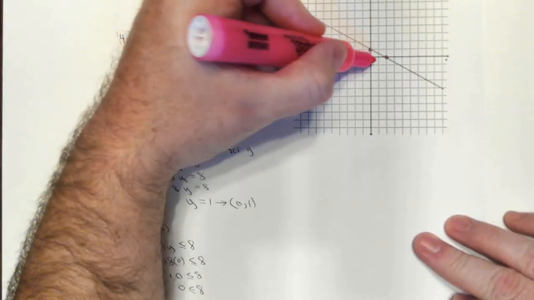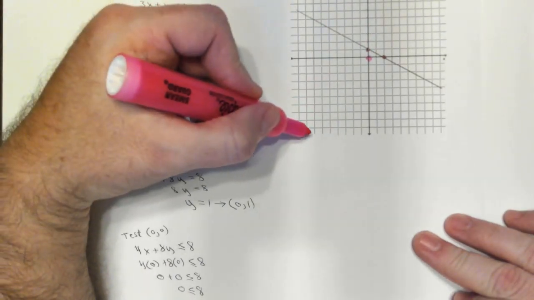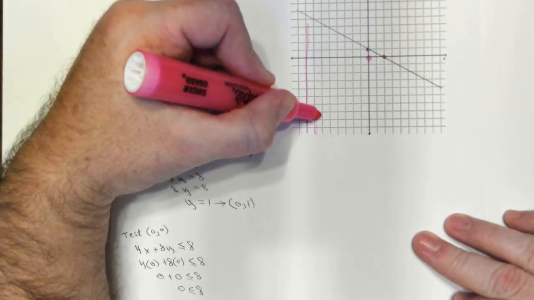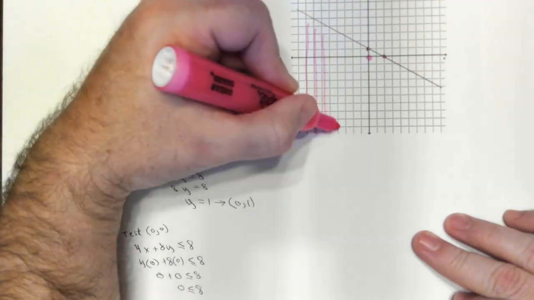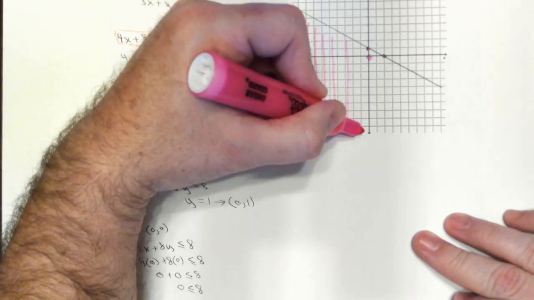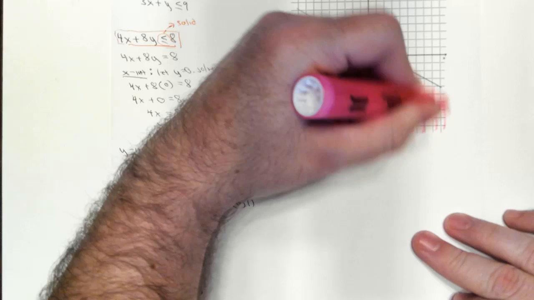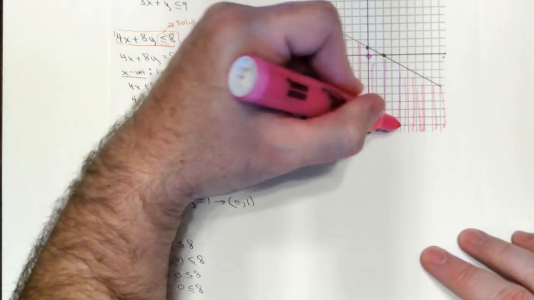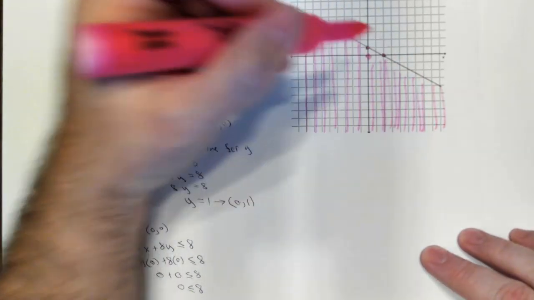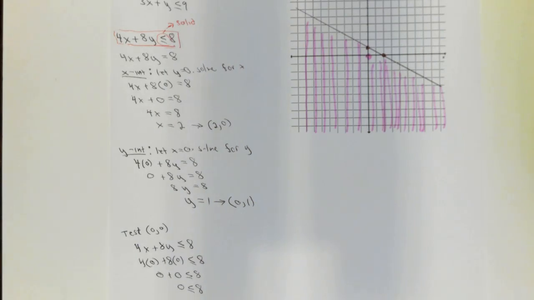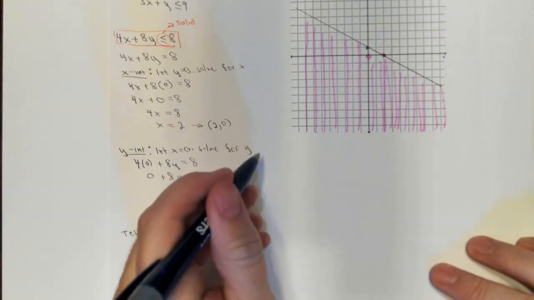I'm shading over here. I'm just going to do these lines because I'm also interested where the shaded region intersects with the other shaded region. So I don't want to get too carried away. I want to be able to see all the regions. All right, but that part's done.